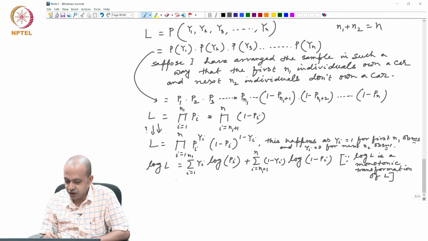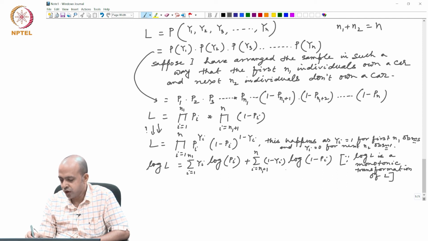So, this is the thing, log L equals yi log pi plus 1 minus yi into log 1 minus pi.